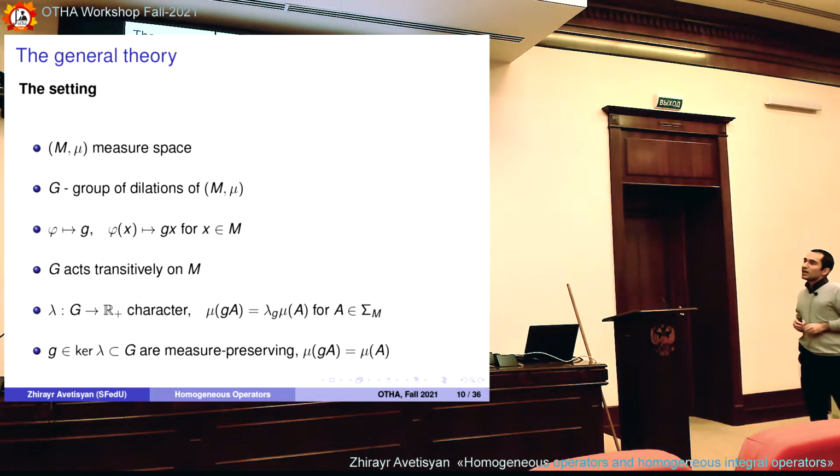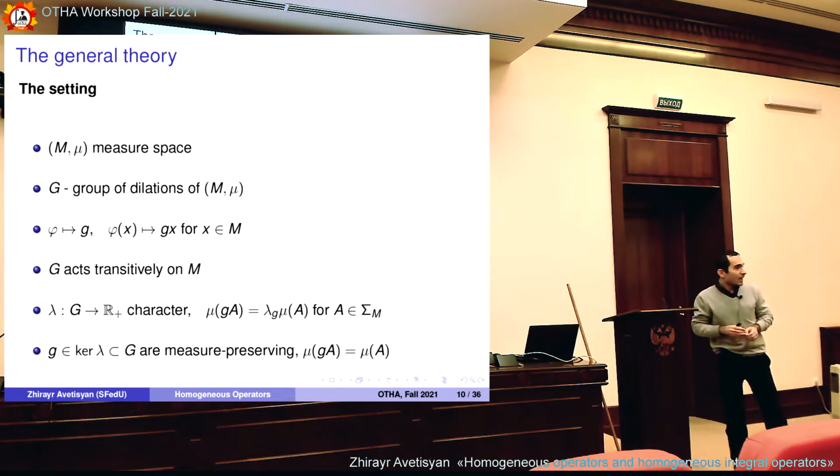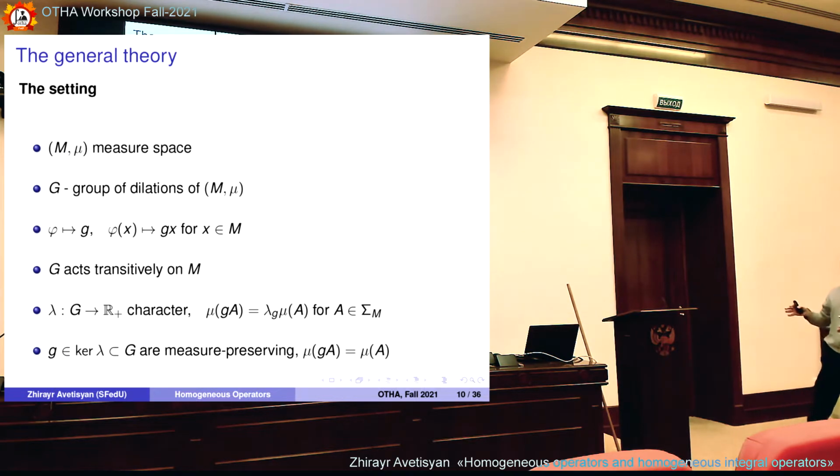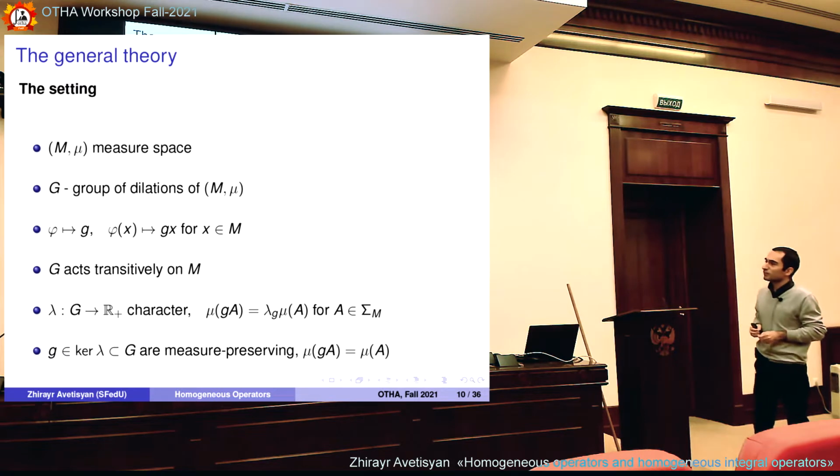So you have a left action of the group on the space M. Then we assume that this action is transitive on M for the simple reason that whatever we're going to say now is going to pertain to every single G orbit separately. So it only makes sense to consider only one orbit at a time. So we take the G action transitive.